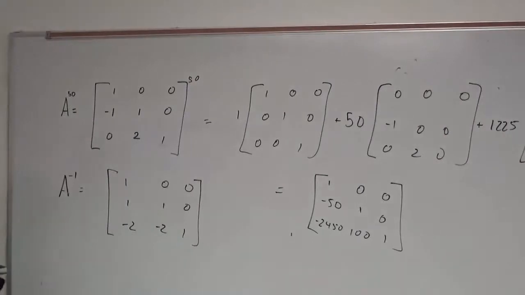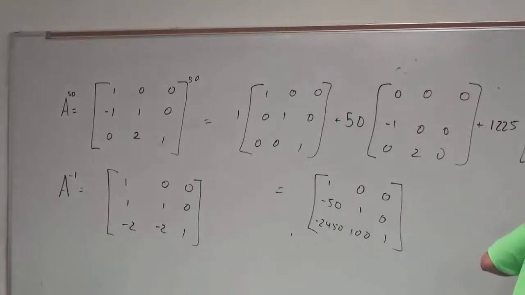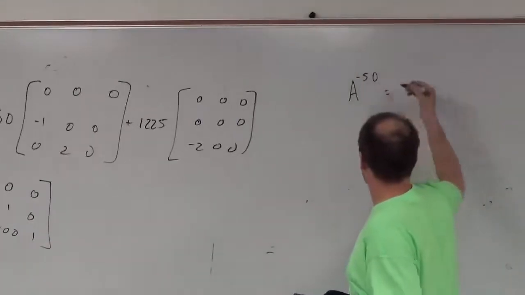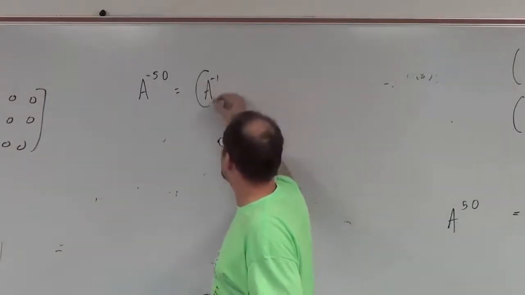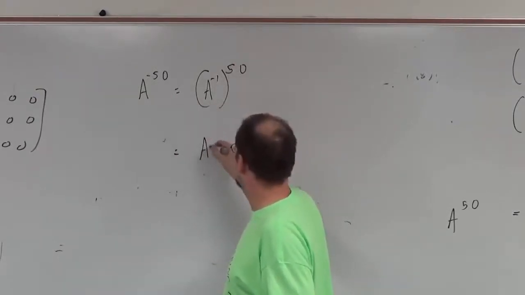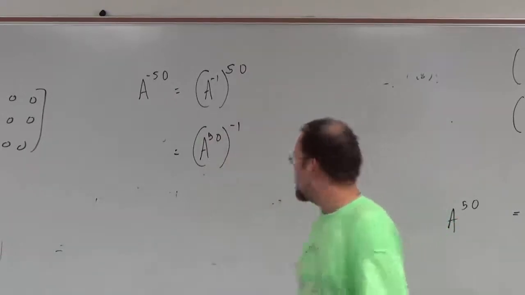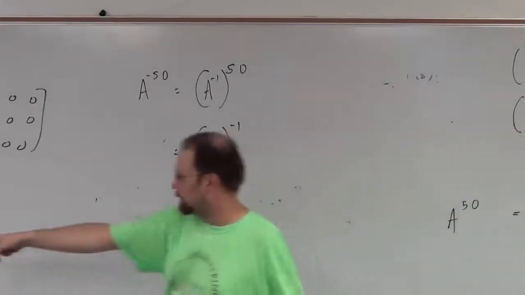Cool, so what would, let's say, a to the negative 50 be? I write a to the minus 50, I guess what I'm saying is the inverse of a raised to the power 50. Or equivalently, a to the 50 inverted. So you have two choices. You can either repeat the procedure we did here for a inverse, right?